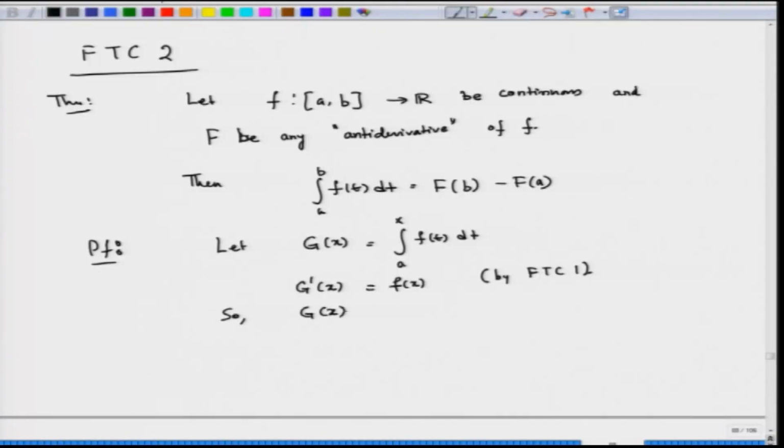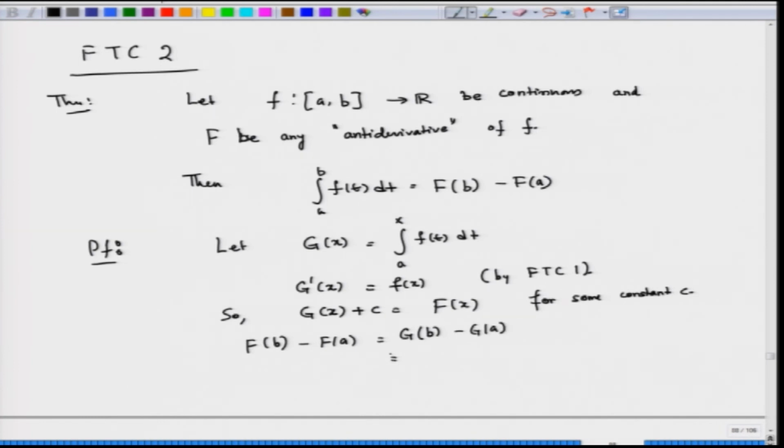So, two antiderivatives differ by a constant. So, F of x equals g of x plus c for some constant c. Okay. So, F of b minus F of a is nothing but g of b plus c minus g of a minus c, which is equal to g of b minus g of a.